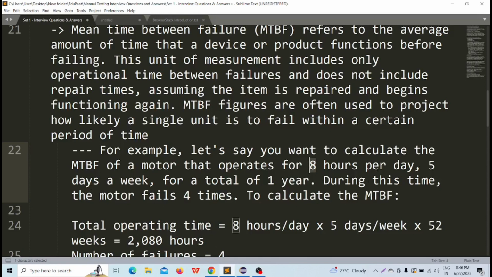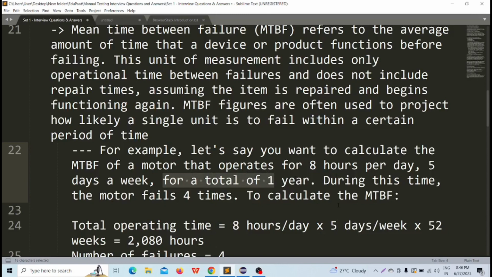During this time the motor failed 4 times. Let's check one by one: the motor operates 8 hours per day, 5 days in a week, for a total of 1 year, and during that time the motor failed 4 times.